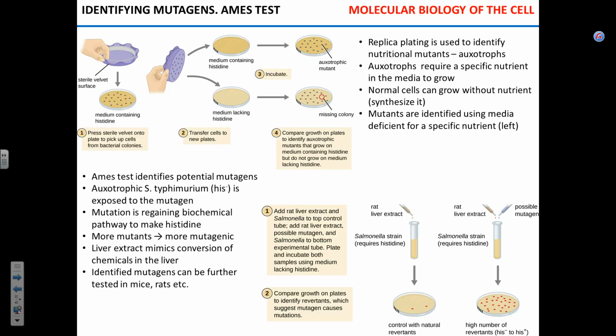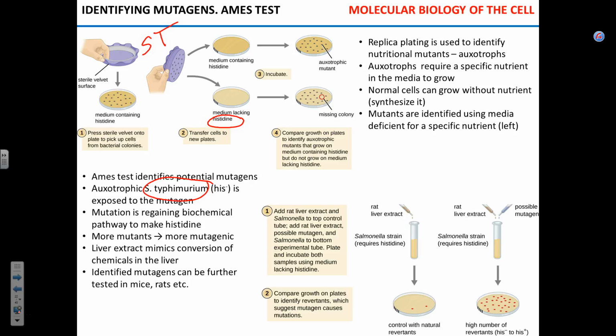Specific nutrient. Yes. So, for example, I'm going to talk about an auxotrophic mutant that requires the amino acid histidine. Okay, and we're going to call this Salmonella. So the microbe is going to be Salmonella typhimurium.